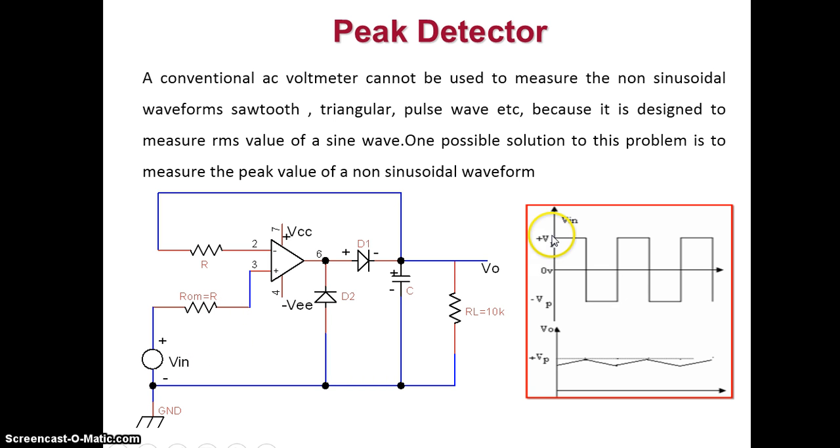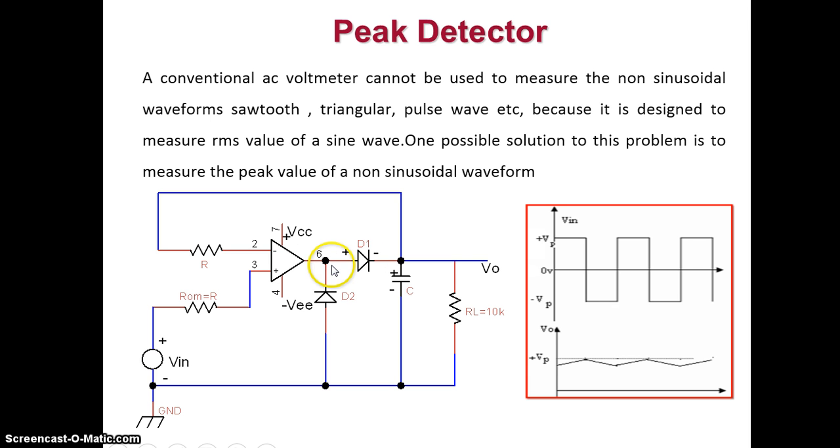So during the positive half cycle of the input, during the positive half cycle of the square wave, at pin number 6 your output also will be positive. Now, when a positive voltage comes at pin number 6, diode D1, see the positive is here, negative is here, so the diode D1 will be forward biased.